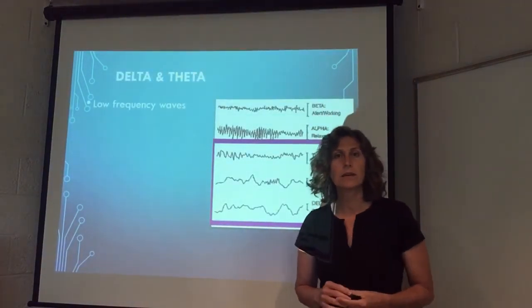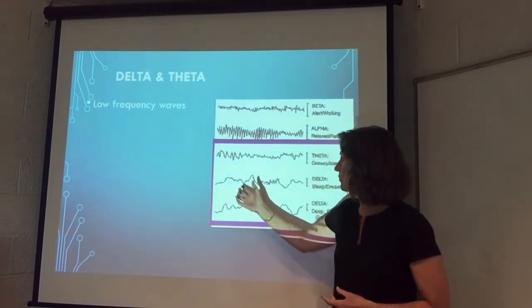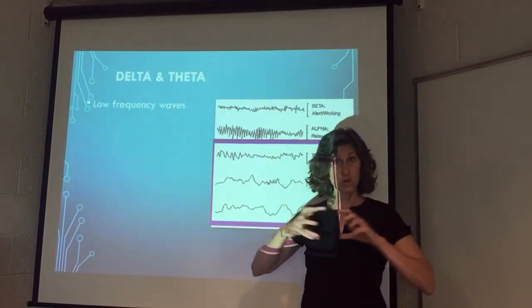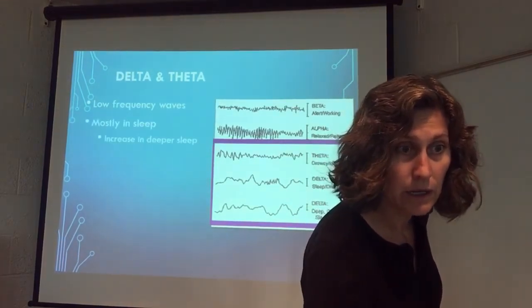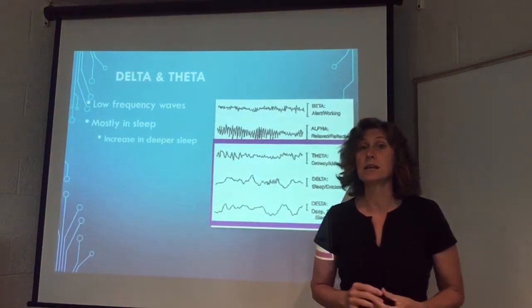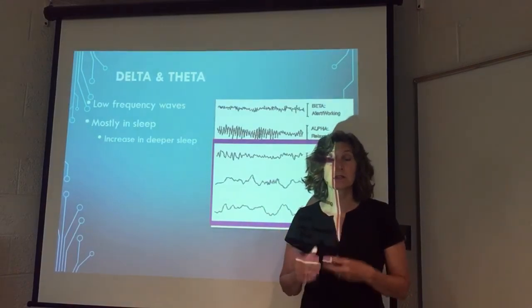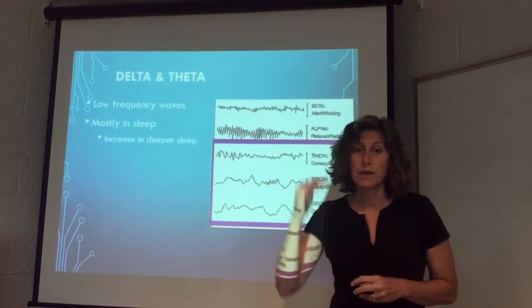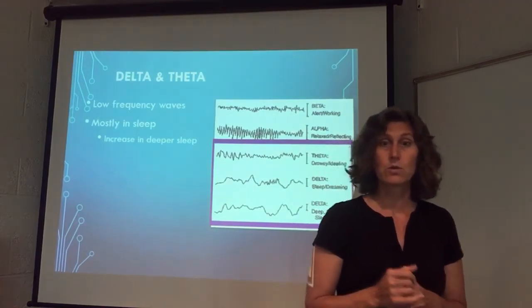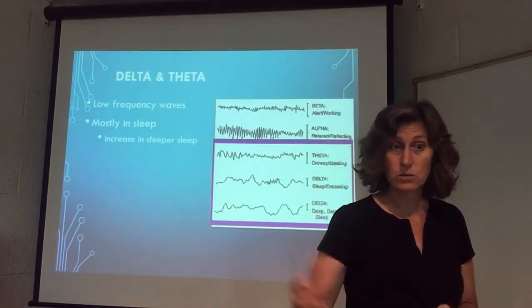Okay, now delta and theta. These are the lower frequency waves, where they look more stretched out, and they're mostly seen in stages of sleep. The sleep stages kind of kick in with theta and then on into delta. So they increase with deeper sleep.